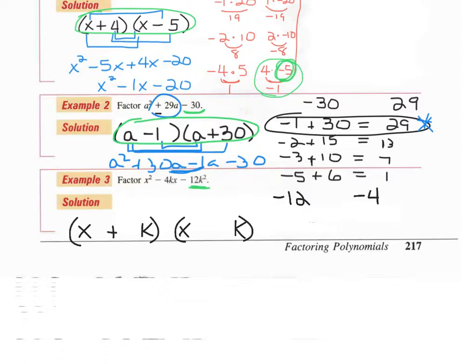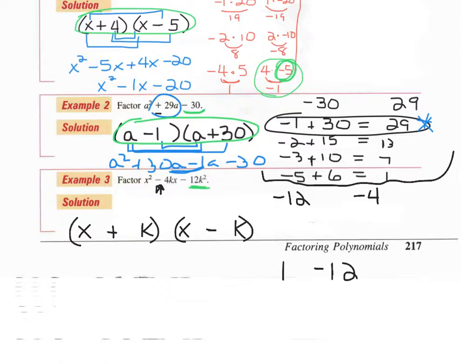Okay, so here, the signs will be different. So now I need to start listing my factors of -12. Again, I'm going to look at the sign in the middle. See how it's a negative? So when I'm listing my factors, the bigger number is going to get the negative sign because that's the sign in the middle. Always put the sign of the middle on your larger factor. It's a little trick to help you.